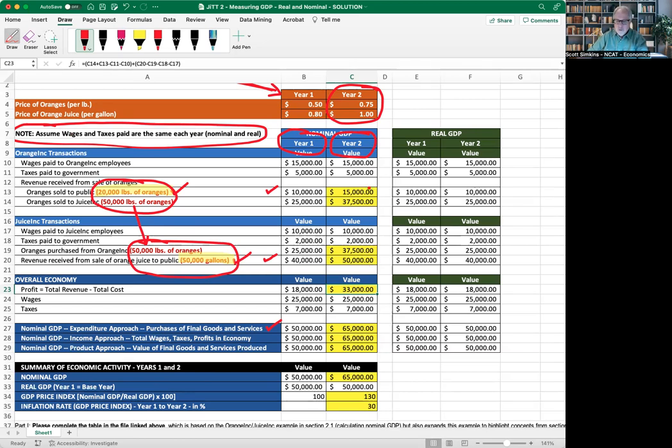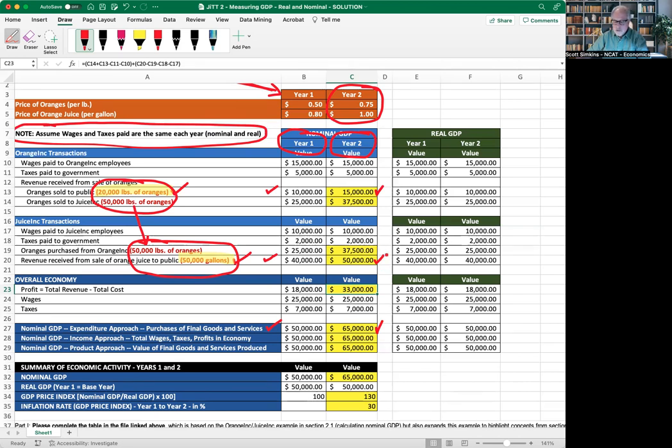So again, $15,000 of oranges sold to the public and $50,000 worth of juice sold to the public, that's $65,000 worth of final goods and services that have been both produced and sold for their final use. In this case, sold to the public. Again, we can add up wages and we can add up profits.